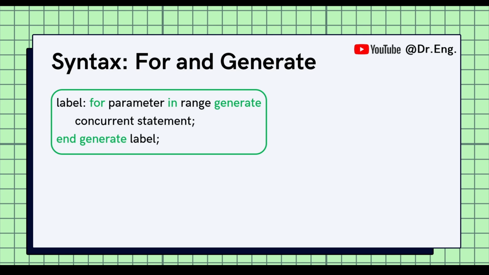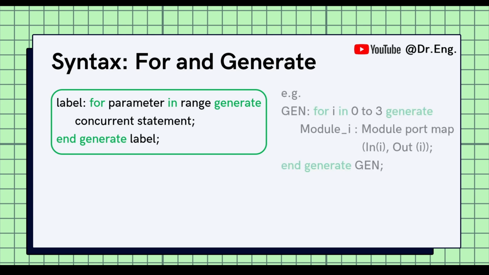This combination is even more powerful when it comes to VHDL design. In VHDL, the generate statement is used when you want to create multiple instances of a component or a block of logic. The syntax is similar to the for loop, but with a generate keyword at the end. Here's how it works. The label gen in this example represents the name of the loop.